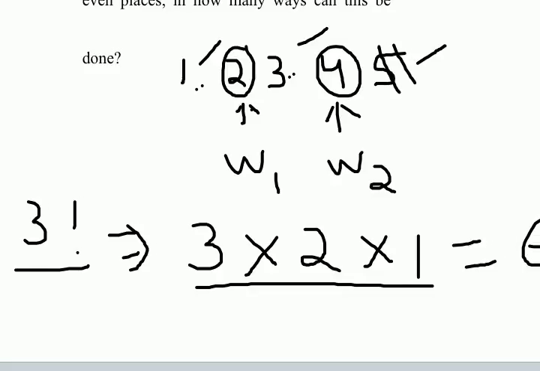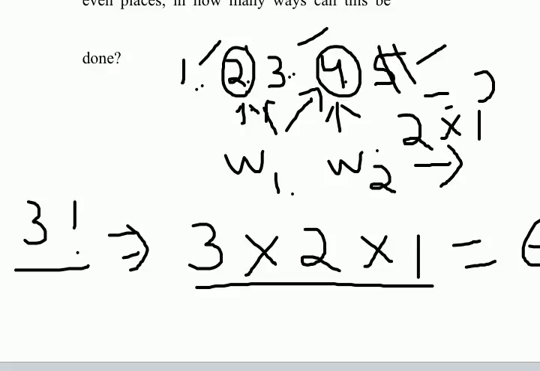And in how many ways can 2 women occupy 2 places? So the first woman can go either to number 2 or number 4, so that is 2 ways, and the second woman then has to take the remaining seat, which is only 1 way. So this is 2 into 1, which is equal to 2 itself.